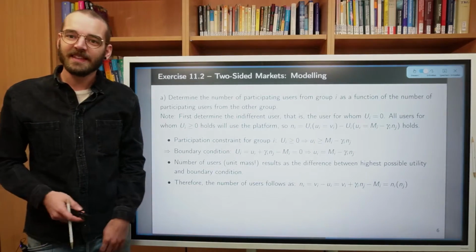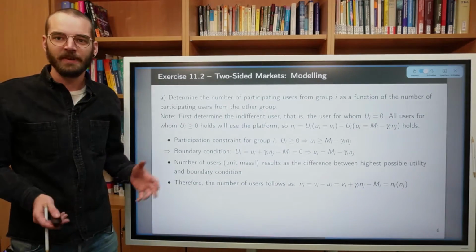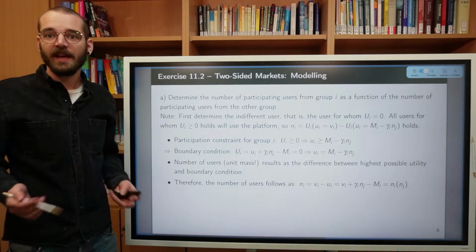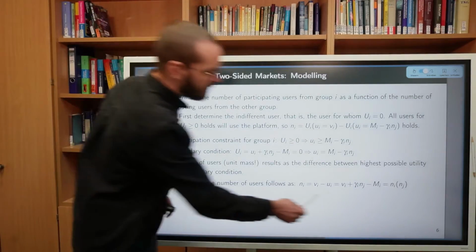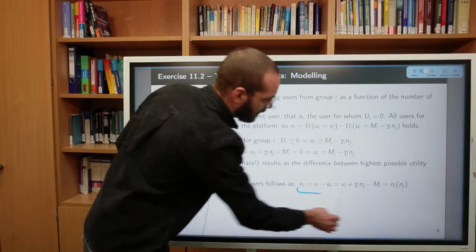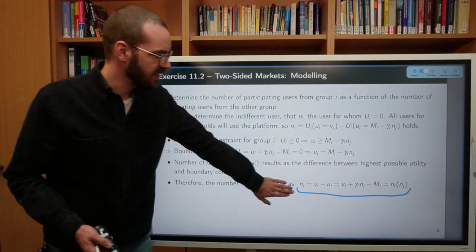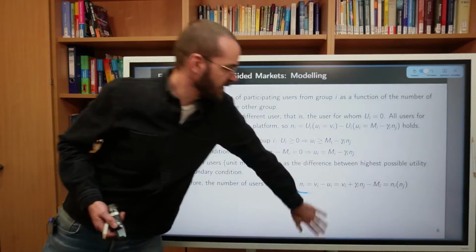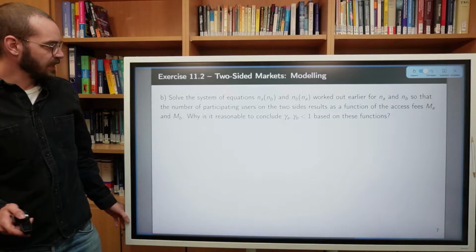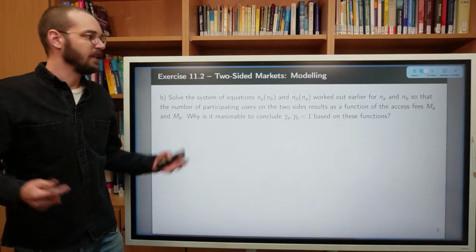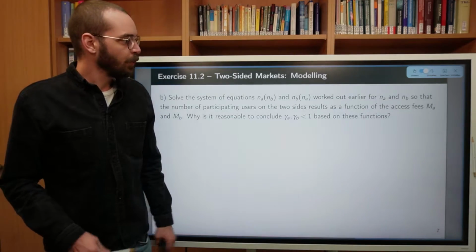Now I can promise that this was the most difficult part of this whole exercise. Once we have established this function ni of nj, as it is written down here, the rest of this exercise unfolds itself, as you will see in a second. So, in the next step, we are asked to solve the system of equations na of nb and nb of na worked out earlier.